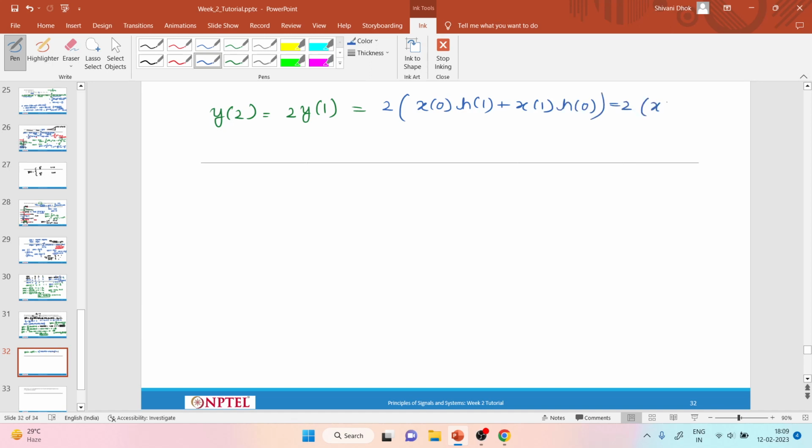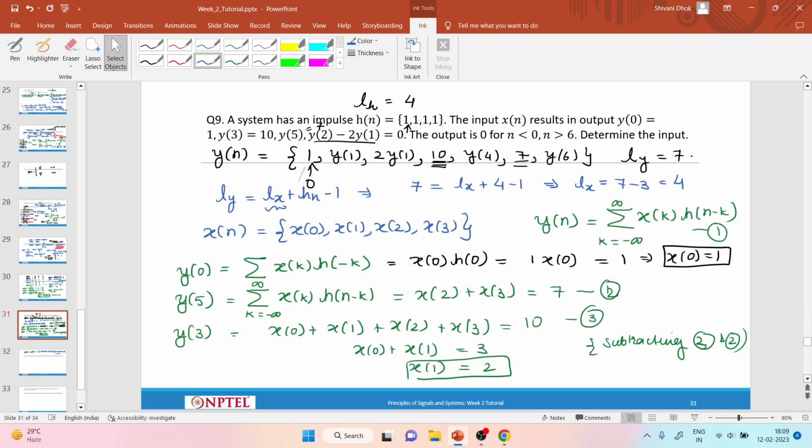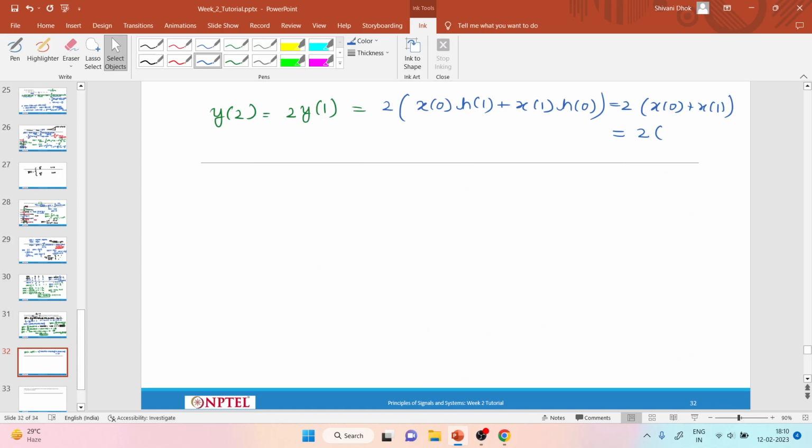that is equal to 2 times x of 0 plus x of 1, and this is equal to 2 times, we have obtained this value as x of 1 plus x of 0 as 3. So this is equal to 2 into 3, which is equal to 6.